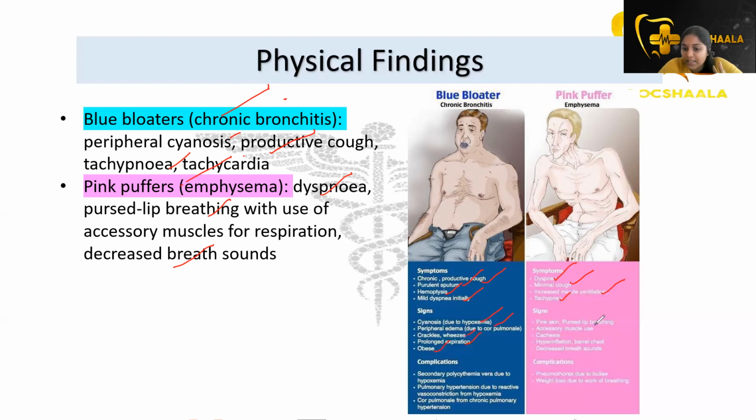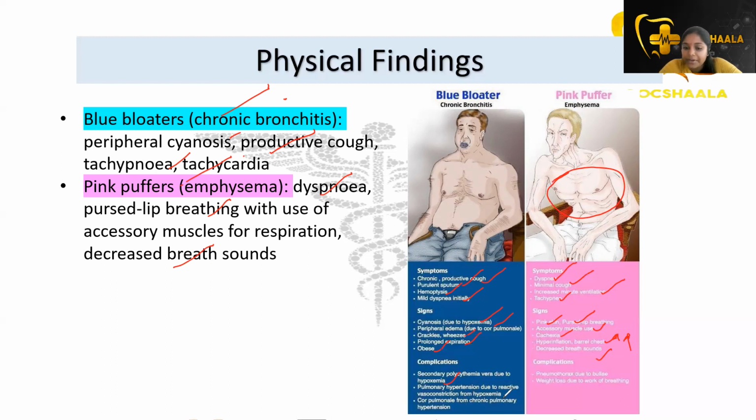Then signs in pink puffers: pink skin, pursed lip breathing, accessory muscle use, cachexia, and hyperinflation or barrel chest. You can observe the chest of this patient. Barrel chest, it is important. And decreased breath sounds. Then complications: secondary polycythemia due to hypoxemia is a complication in blue bloater.